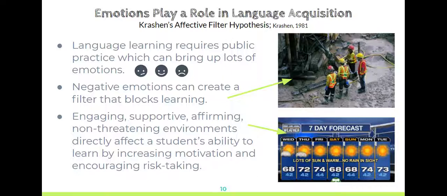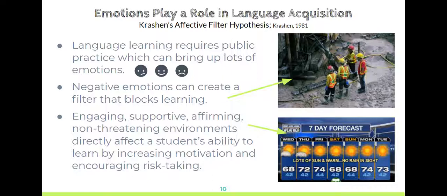He also talked about how negative emotions can create almost a filter, a wall that goes up and blocks learning. In our construction analogy, it's like it's been raining for days or weeks on end, and the construction cannot advance. The work is at a standstill, and nothing can be done because it's just rained so much.